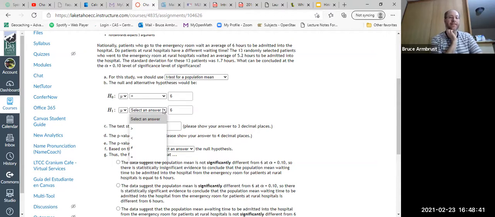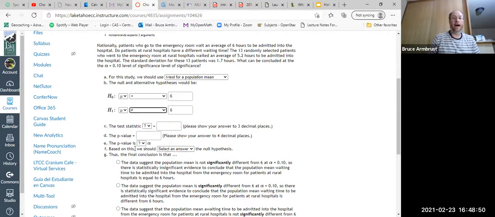Which of those three means different? Good, it's not equal. So that one we're going to do not equal to 6.